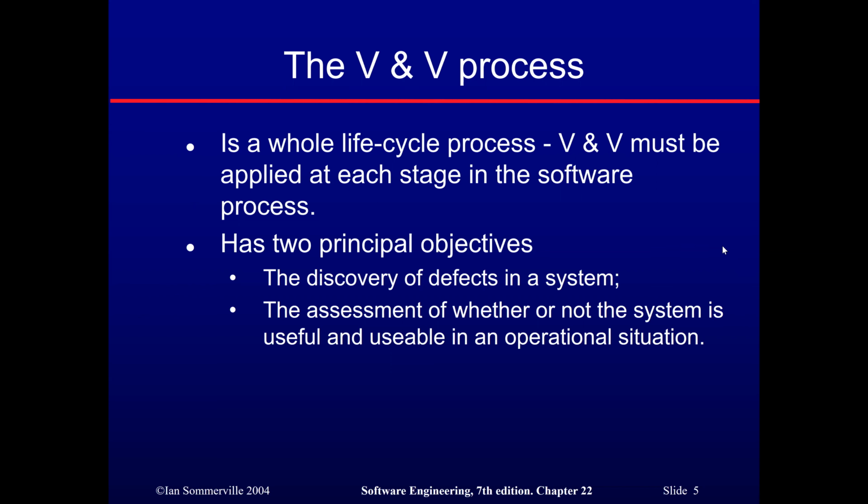I hope you remember the diagram of it, the V shaped diagram. Verification and validation has two principal objectives: the discovery of defects in a system and the assessment of whether or not the system is useful and usable in an operational situation.